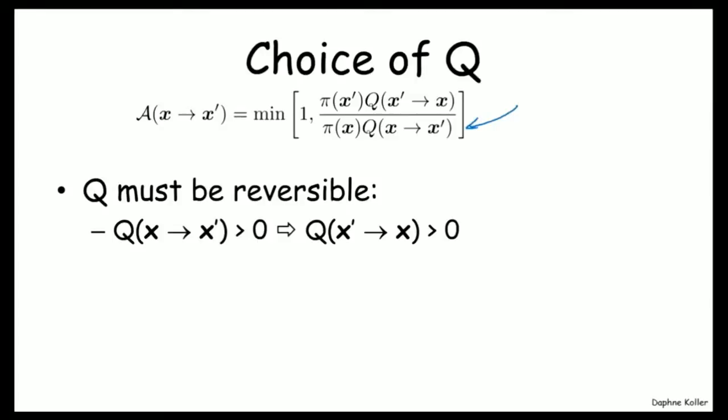That is, if the numerator is greater than 0, then the denominator is greater than 0 and vice versa. If you can propose a step from x to x prime, you better be able to propose a step from x prime to x with non-zero probability, which guarantees that this ratio is always well-defined.